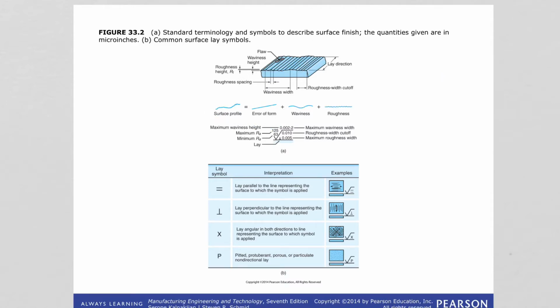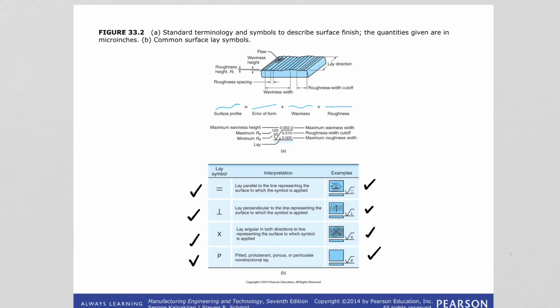So in image B, here we are seeing most of the possible lays surface can take, together with the symbol used by a designer to specify them. So here's the different lay symbols you are seeing, and the lay direction here on the surface, and upside down T like this one, and X like this one, and P like pitted, porous, particulate, non-directional lay like this one.